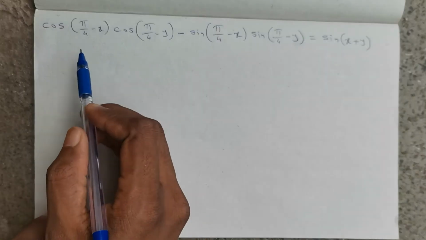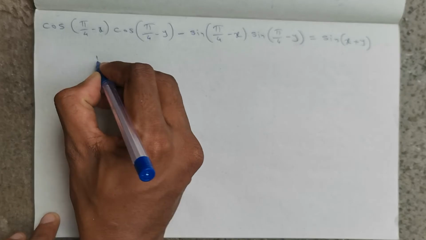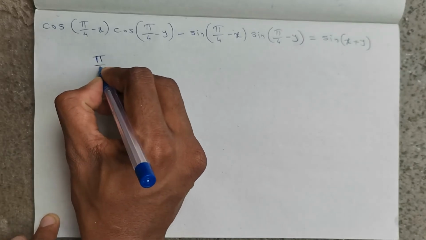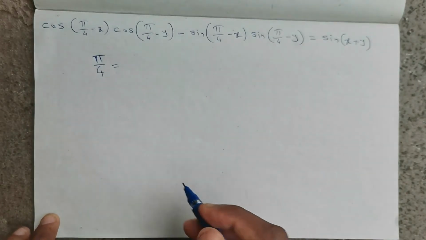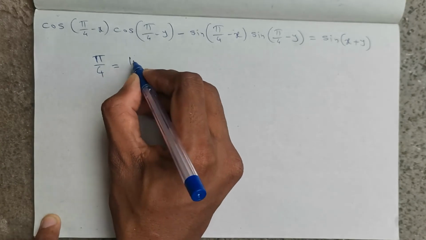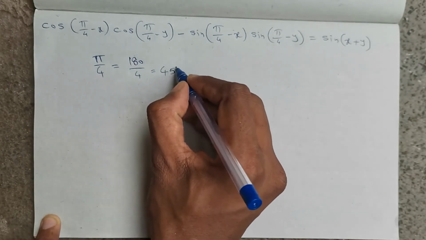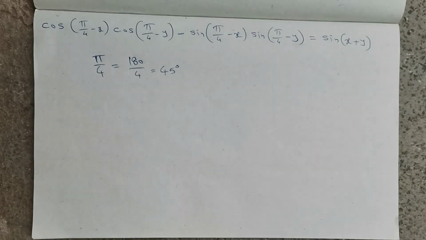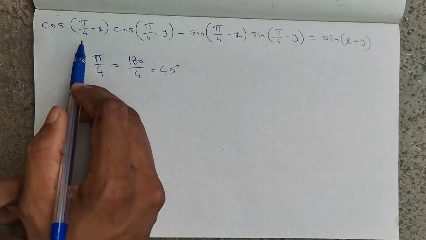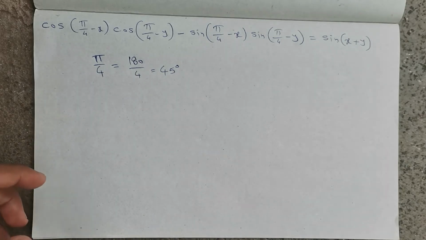So first I will simplify this pi by 4. Pi by 4 is in radian form. I am converting this to degrees. In the place of pi, substitute 180 divided by 4. So we will get 45 degrees. Now in the given question, in the place of pi by 4, I am substituting 45 degrees.